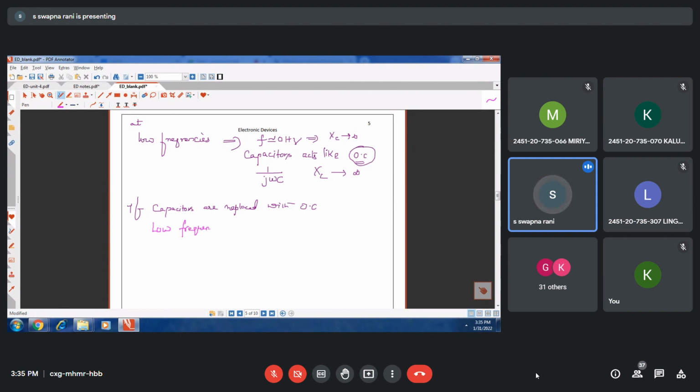So though it is developed for high frequency, the same model you can modify to the low frequency.